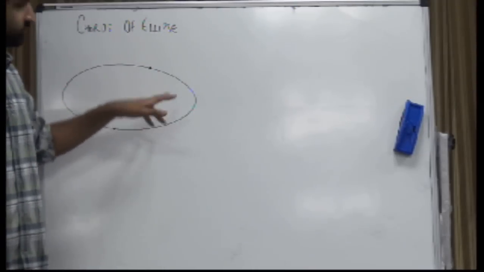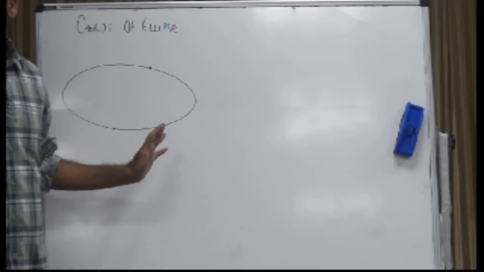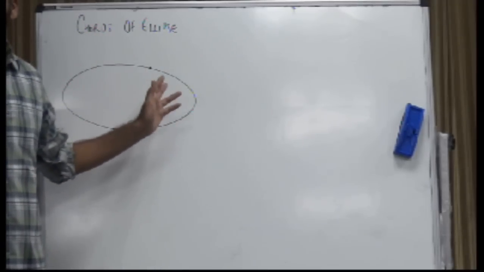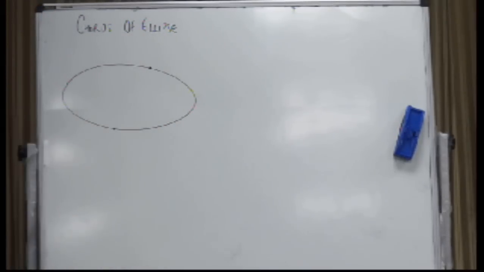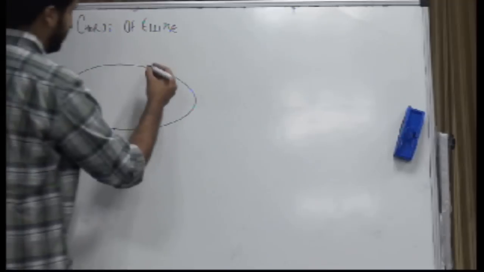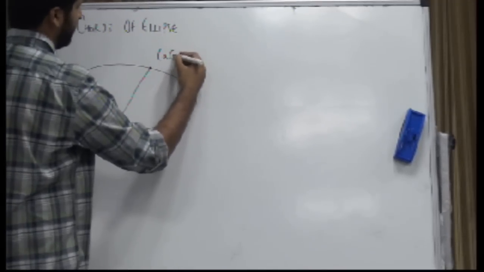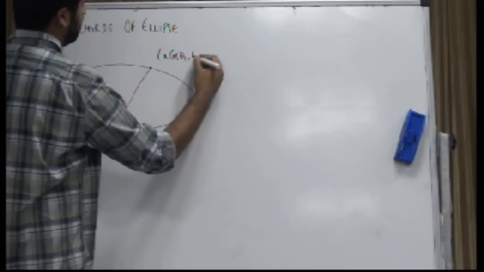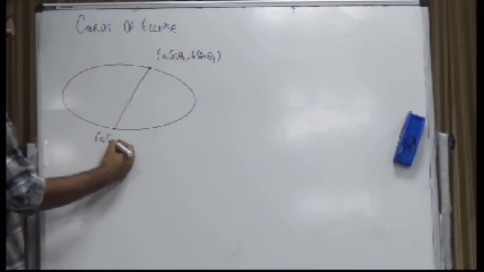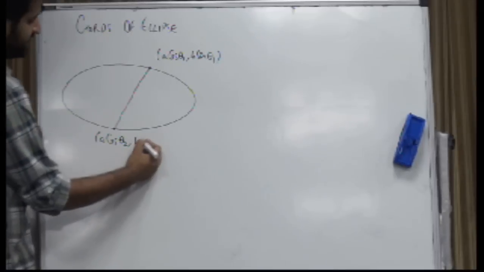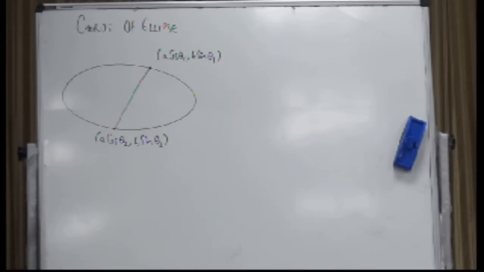Remember, if you know these points, you can form a line from these 2 points. You can apply the slope form: y minus y1 upon x minus x1 is equal to y2 minus y1 upon x2 minus x1. If you have the parameters here, a cos theta 1, b sin theta 1 and a cos theta 2, b sin theta 2, can you try to find the equation in the parametric form?